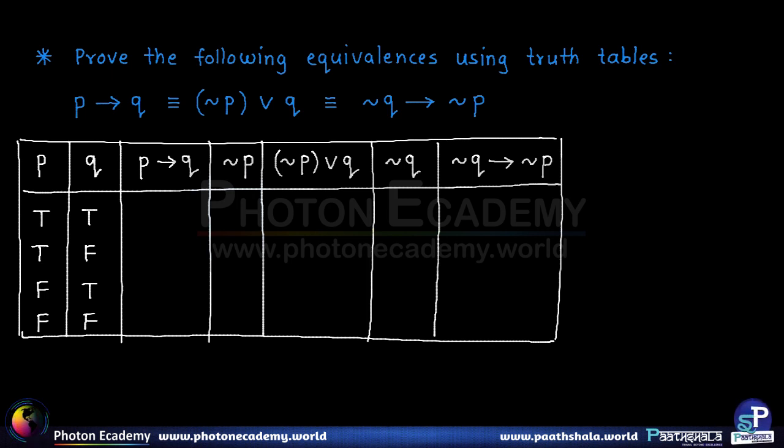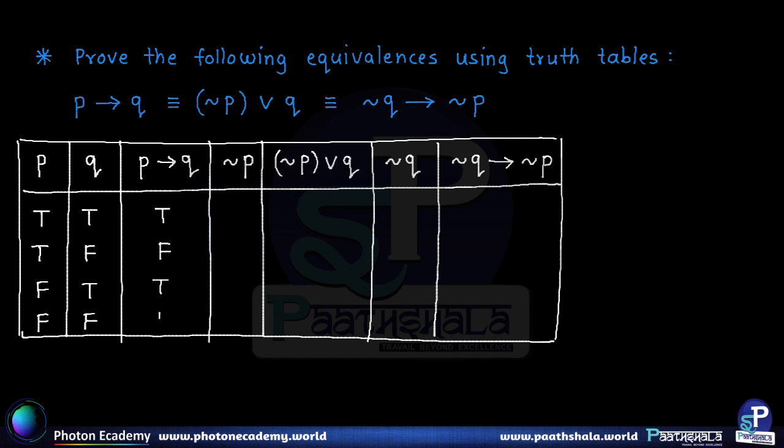Now we have to prepare the implication, that is P implies Q, and from the truth table we know that it is TFTT. Then next we have negation of P. So the column of P is to be negated, so we have FFTT.